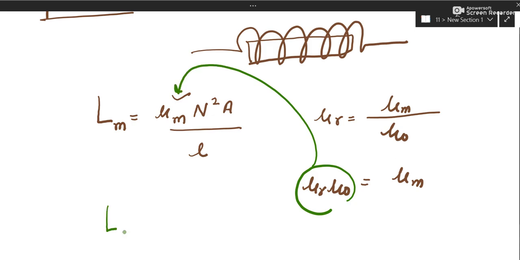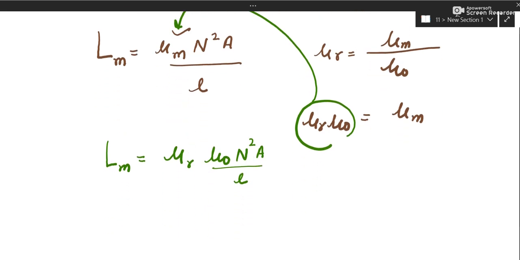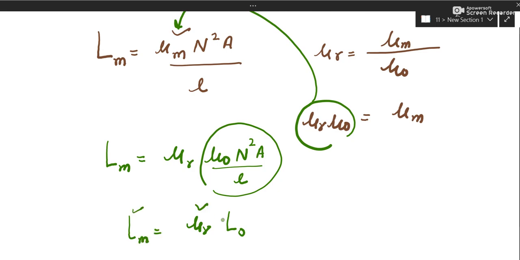So my self-inductance with material core will be equal to mu R into mu naught N square A by L. So you can see that this is your original inductance with air core, and it is mu r times. So self-inductance with material is mu r times self-inductance with air.